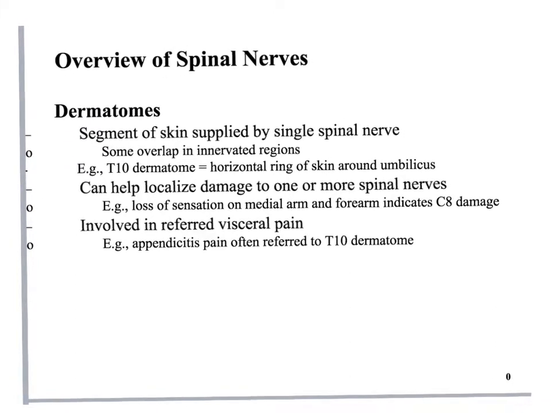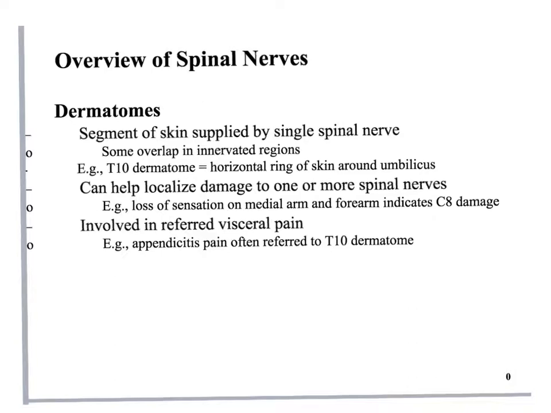Each of these spinal nerves serves a segment of the skin, and we can break that up into what are called dermatomes. They have some overlap of these regions, but you can think about it like there's a segment of the skin that is served and innervated by that particular spinal nerve, and it's involved in referred visceral pain.